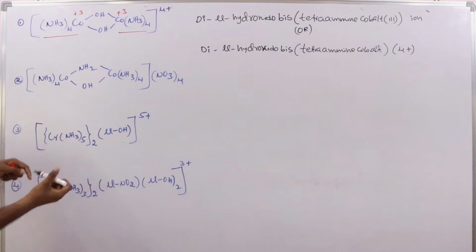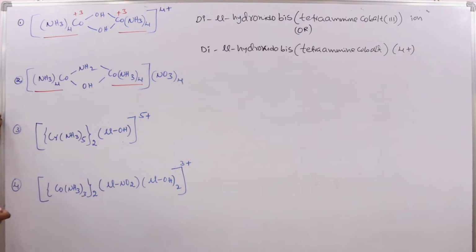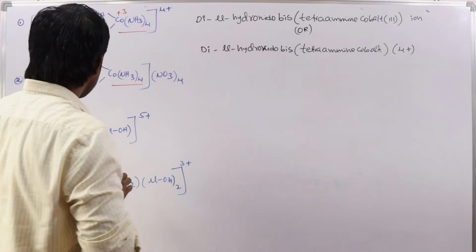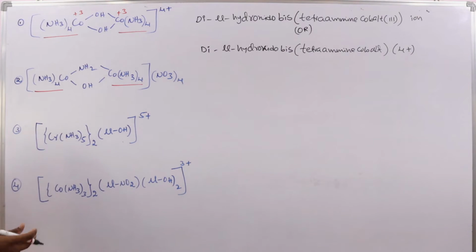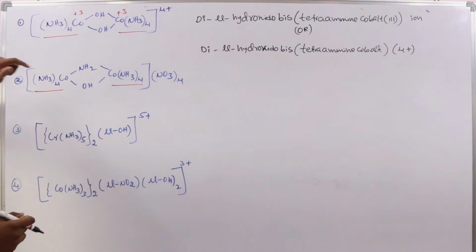Next, see this. Here we have the same unit on both sides, and we have two different bridged ligands. One is hydroxido, another one is amido. Here we have to follow the alphabetical order.